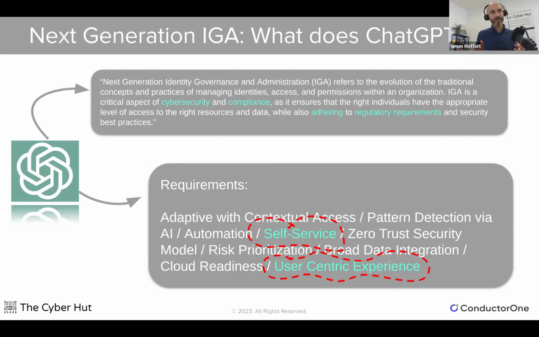It was very difficult to engage the right people at the right time, whether for access request approval, access review approval, or application owners and system owners to get their help on things. So what's your view here? It seems to me self-service and user centricity are the secret sauce to allow things like IGA to be successful, proliferate, and get the right people involved at the right time. What's your view on this one?